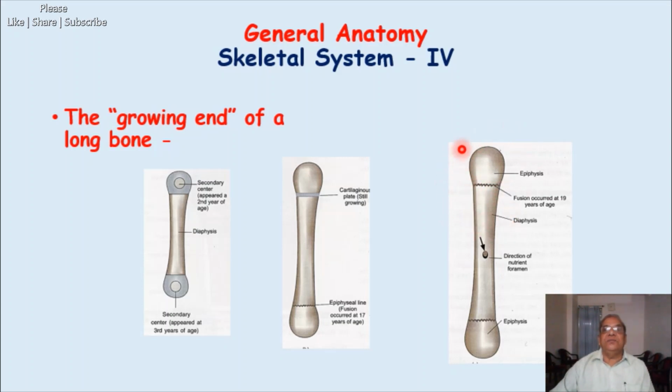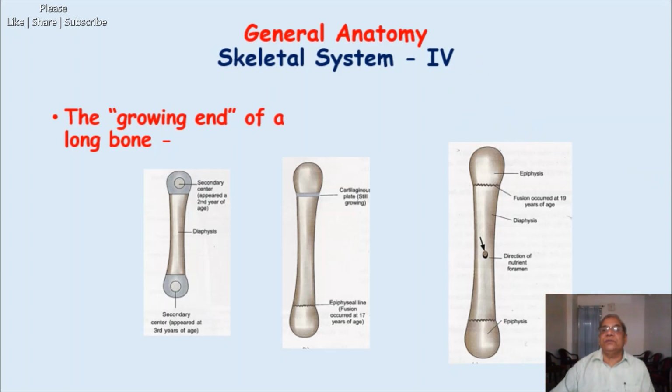That end of the bone where the center has appeared first and fused last is also called the growing end of a long bone. Let us go to the next slide, where we will see another fact about this growing end of the long bone.